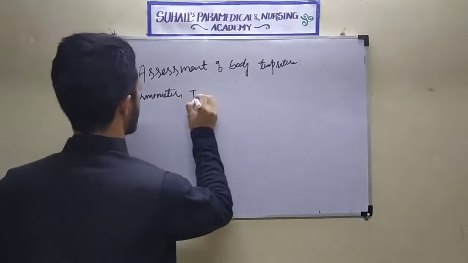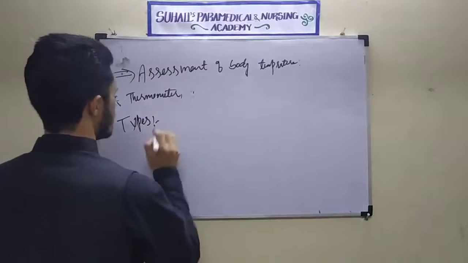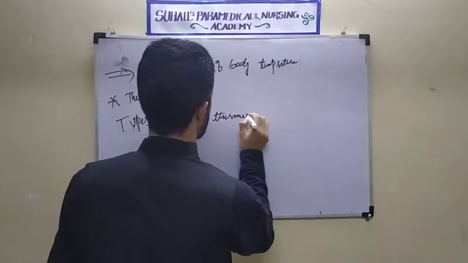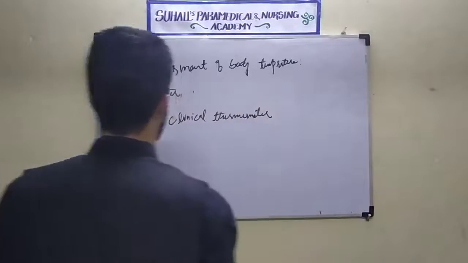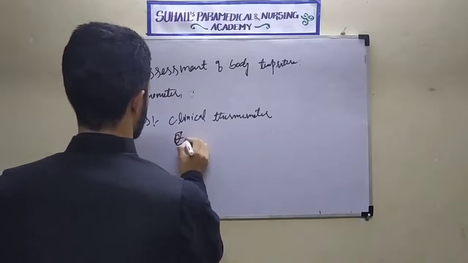Now we will see what this device is. First we will see the types of thermometers. What are the types of thermometers? One is the clinical thermometer, and another is the electrical thermometer.